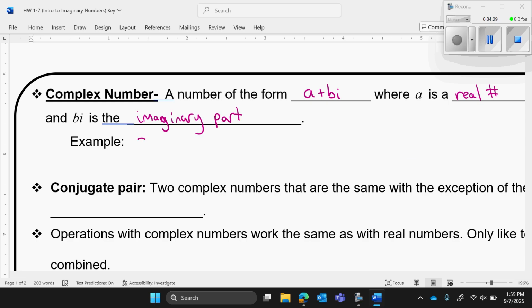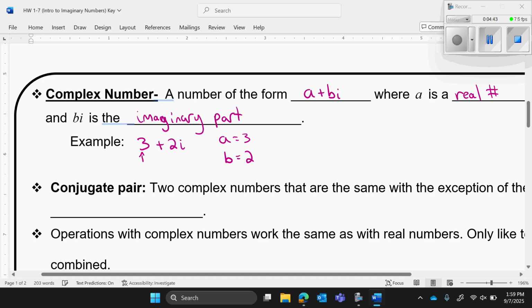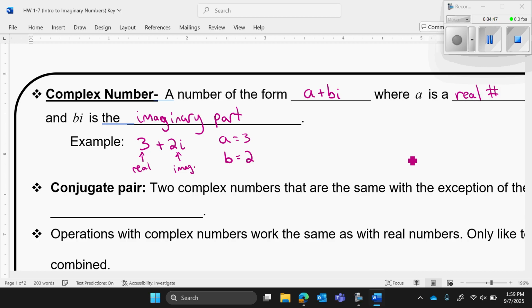For example, 3 plus 2i. a would be 3, b would be 2, and then you've got i, because you have the real part and you have the imaginary part. Altogether that makes it a complex number.